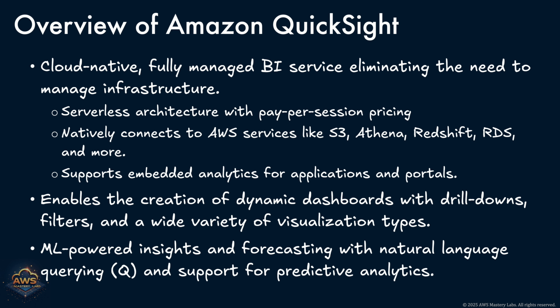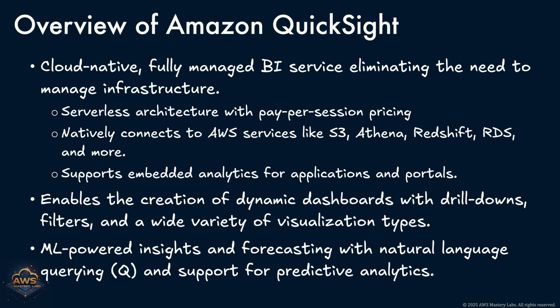One of the standout features is its pay-per-session pricing model. Unlike traditional BI platforms that charge per user or require costly enterprise licenses, QuickSight only charges when a user interacts with a dashboard.